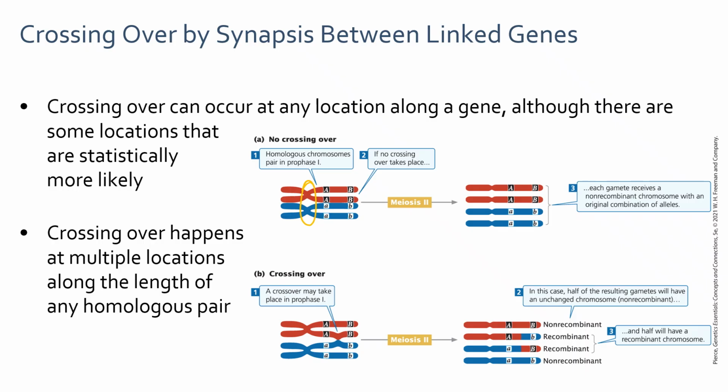And so the closer we get to the centromeres, and then also the closer we get to the telomeres, the less likely that recombination is going to take place there. But even along the chromosome, there are some places that are more likely than others to recombine. So we can kind of take that into account as we're doing our problems. We'll talk about that a little bit later.